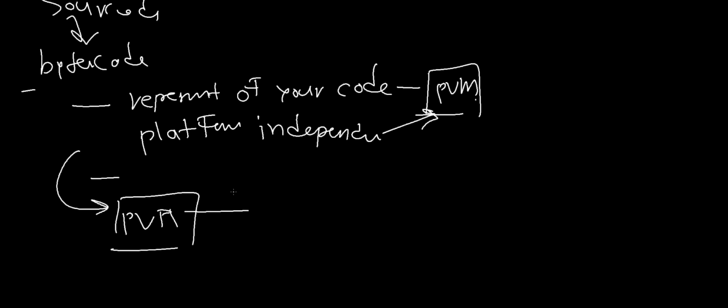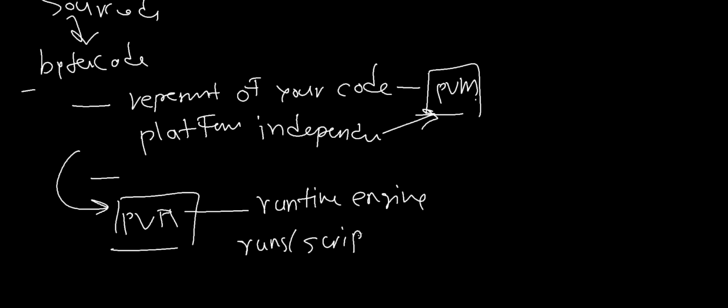The Python virtual machine is actually a runtime engine that runs or executes your scripts. So its input is bytecode. If you have generated bytecode and you skip the .py files and give only bytecode, then also your program runs. We'll see this platform independence later in the lecture.